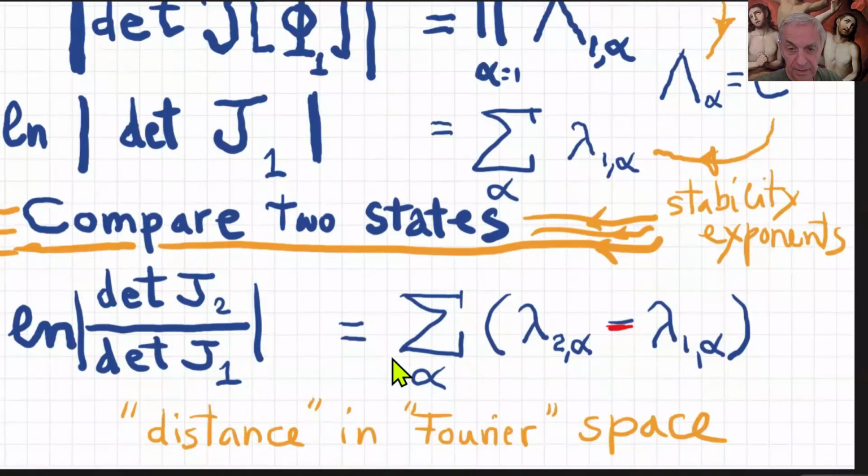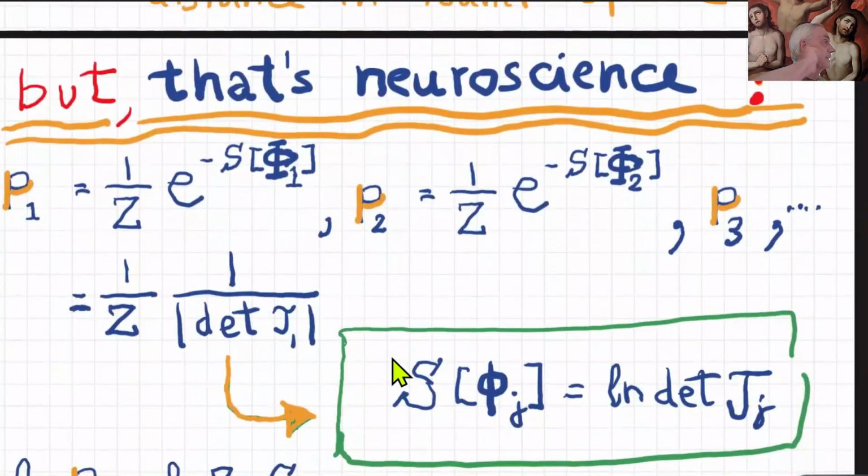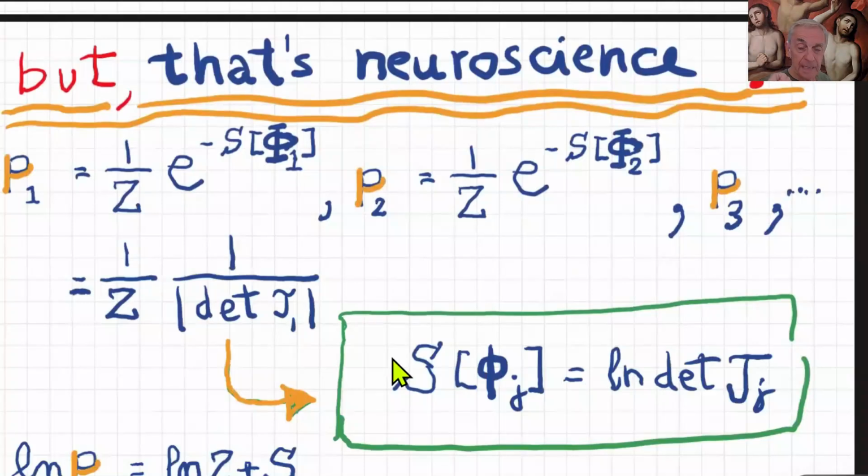But actually, it's neuroscience, and for me the great inspiration was looking at Sarah's work to think about this. And I'll try to explain in a way that you've seen already in this course. Basically, when I look at the probabilities of states of a neuronal system, every phi is a different activity, same architecture, but different activity.